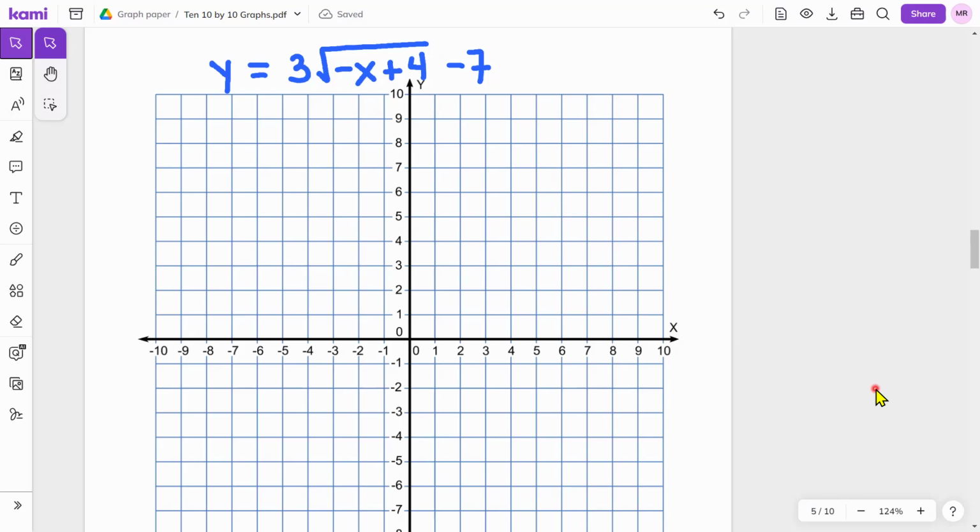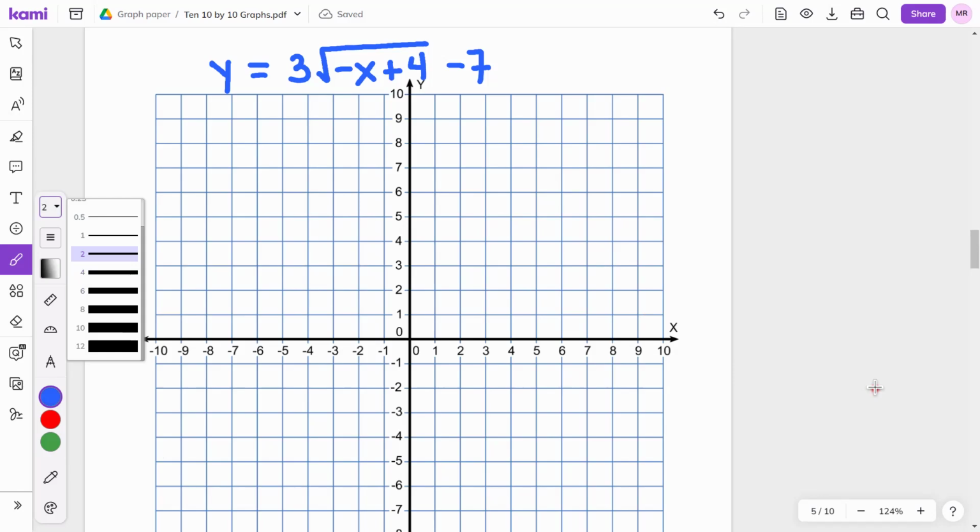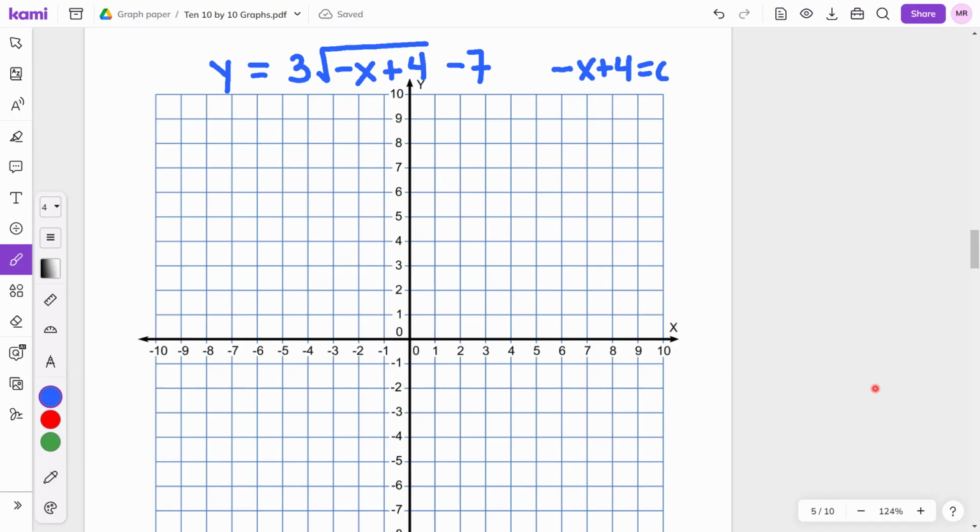Now, this is where you have to be a little careful. When you're doing this, you want to think what is going to make what's underneath the square root 0. So understand that -x is affecting that. If I was to set that equal to 0, I personally would add my x to the other side, and I get that my x is a 4.